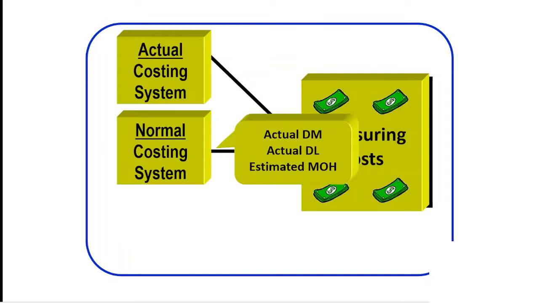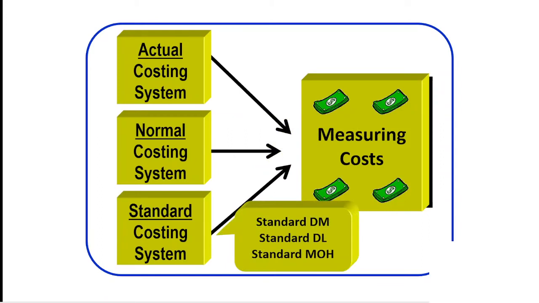We take the actual direct material, actual direct labor, and estimate the manufacturing overheads based on, let's say, the previous month, previous quarter, previous years. We say, okay, how much is the manufacturing overhead per piece usually, and then we use this method to measure the cost of manufacturing overhead rather than relying on a month by month variance. If there is a variance, then we will just take it as a variance in the costing method. So your cost and your actual profit and loss may not match at any time.